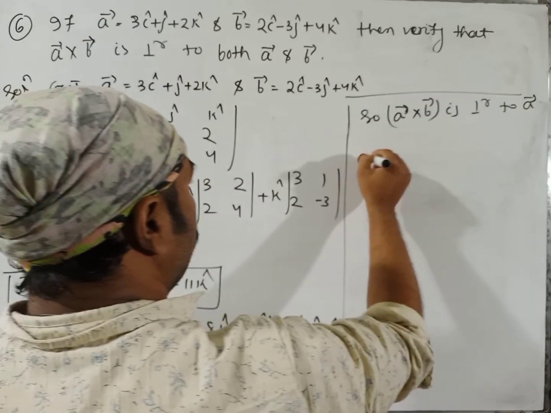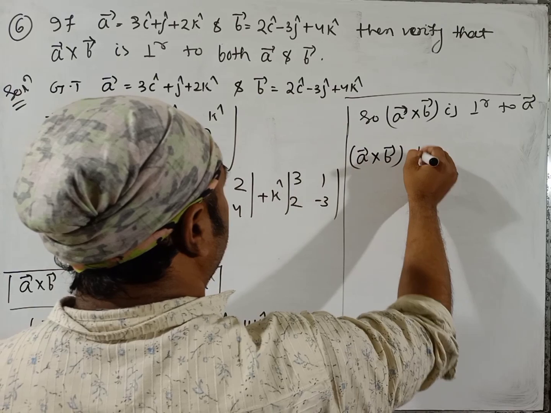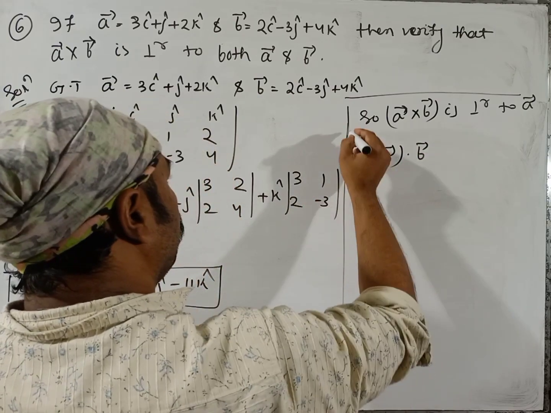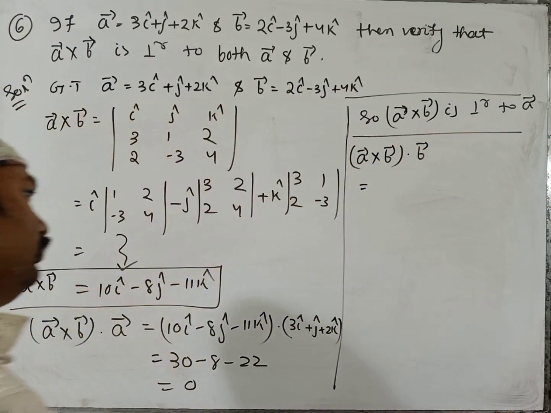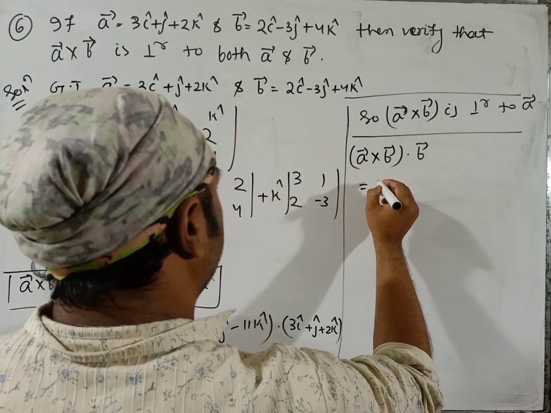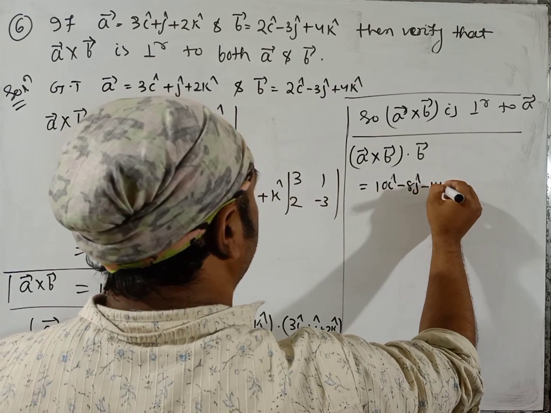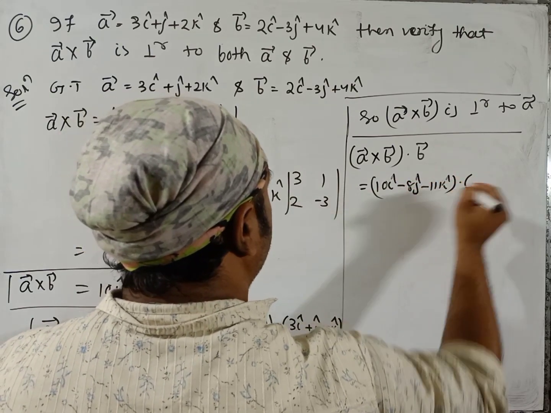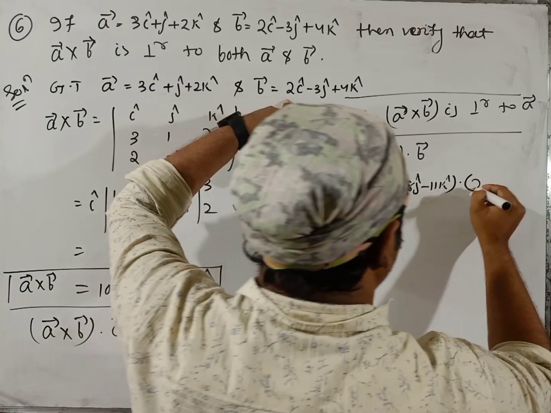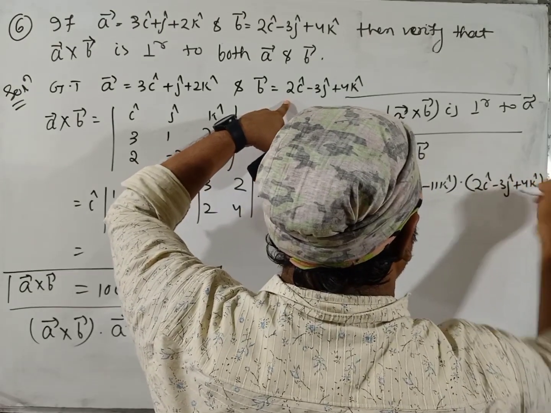Then A vector cross B vector dot product with B vector. That means A vector cross B vector, 10 i cap minus 8 j cap minus 11 k cap, dot product with B vector, 2 i cap minus 3 j cap plus 4 k cap.